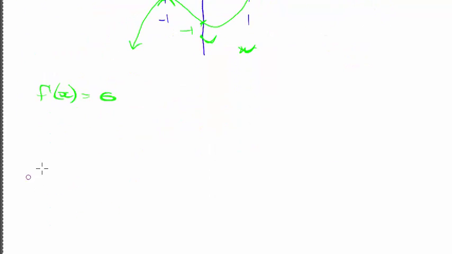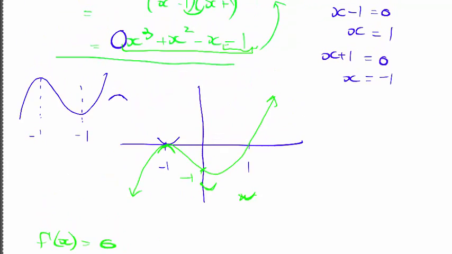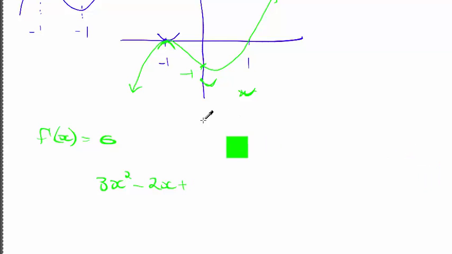So it's 3x squared plus 2x minus 1. This must be equal to 0. If I do that, you will find I get x plus 1.